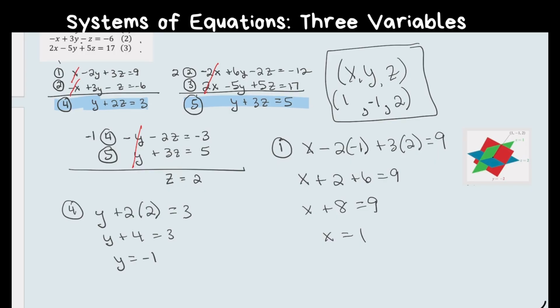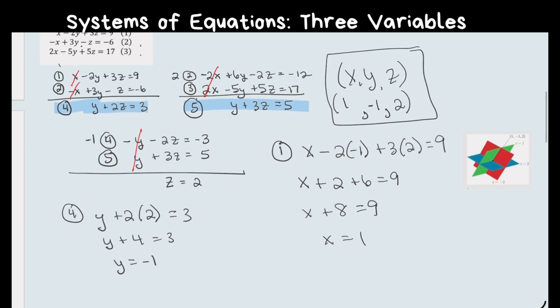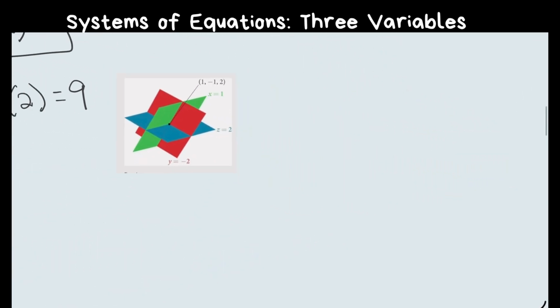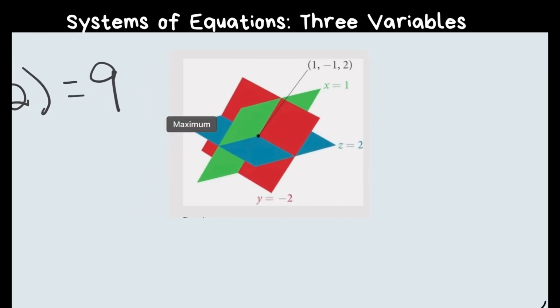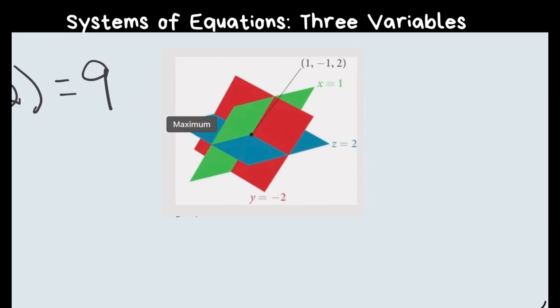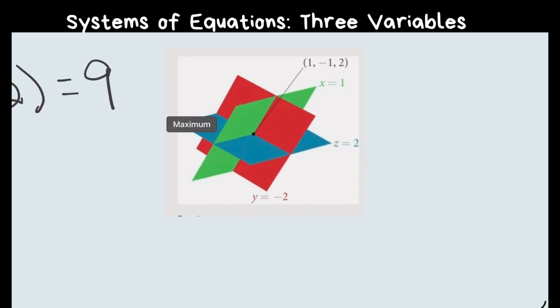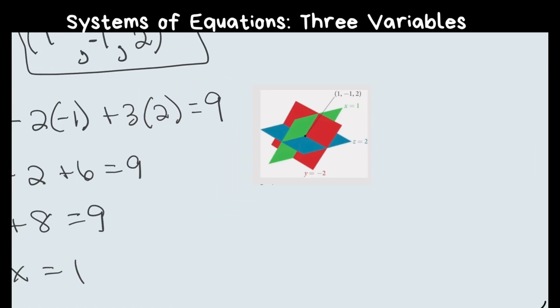Now, what does this mean? Let's take a look at this picture that I have right here. When you have equations with 3 variables, x, y, and z, it is a 3-dimensional plane in space. So if you look here, each one of those 3 variable equations we had represents one of the colored planes, okay?